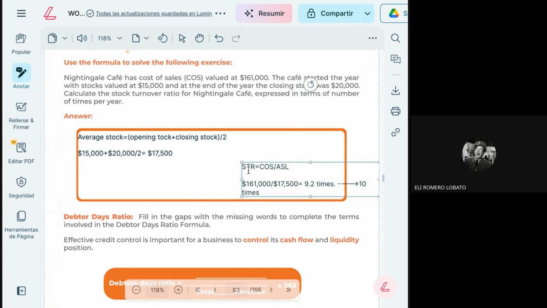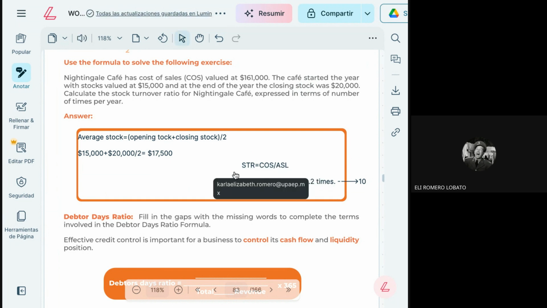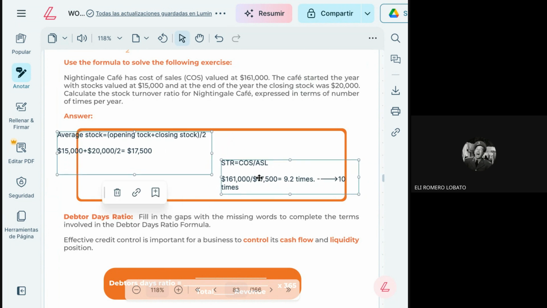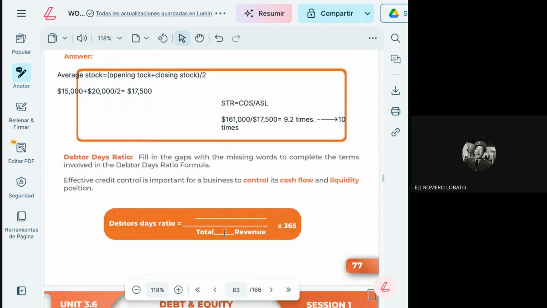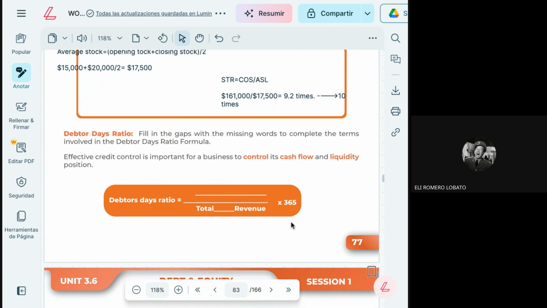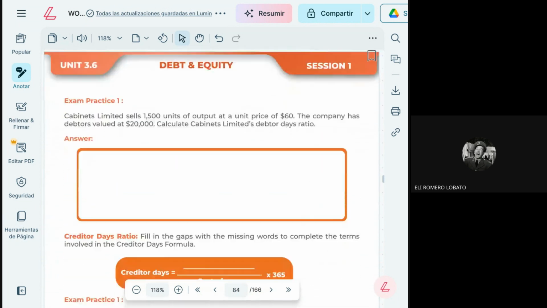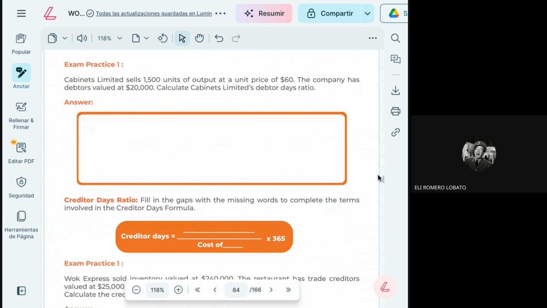That's why 10 times, okay? That means that during the year, the enterprise needs to restock 10 times, okay? That's the page 77. Then we are going to continue with the other exercise, okay?